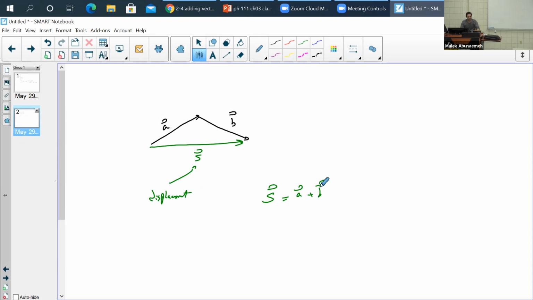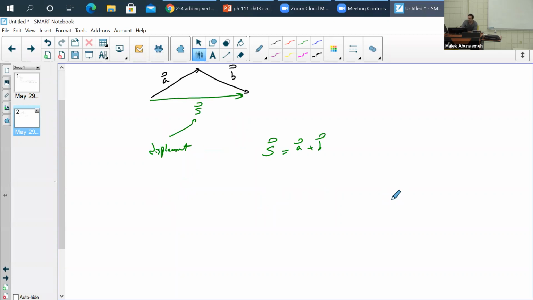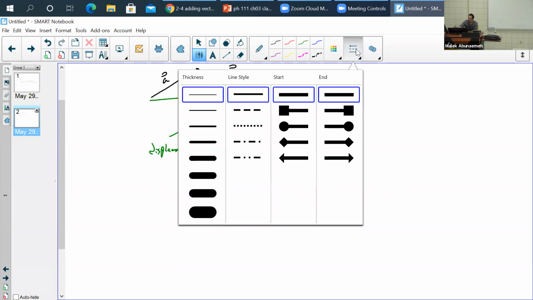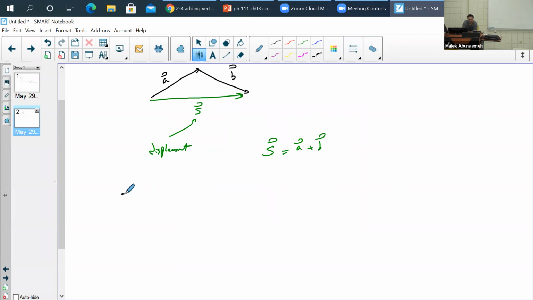Now, some of the properties that vectors have, let me just go ahead. Your vector addition is commutative.